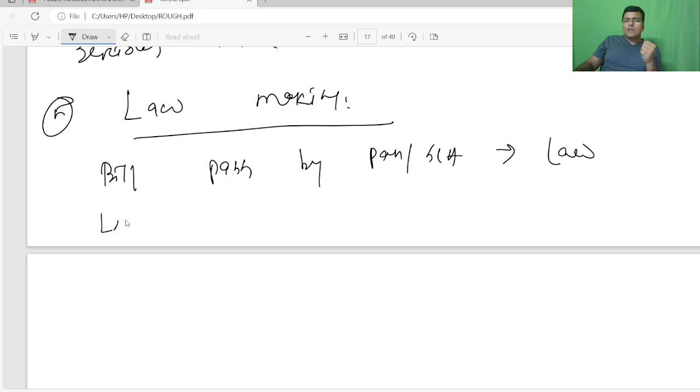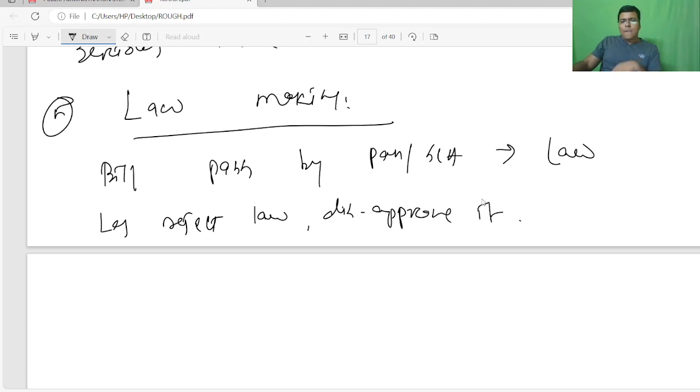So the legislator can reject the law, disapprove it, and through this it makes administration accountable.